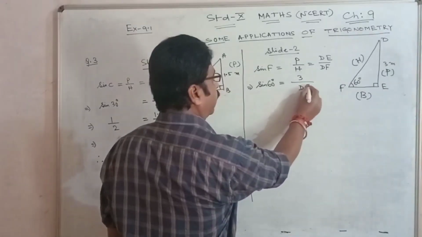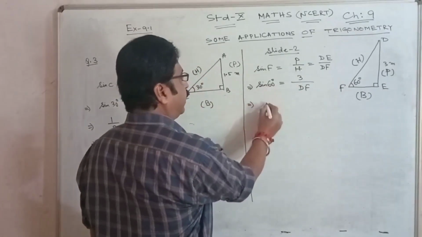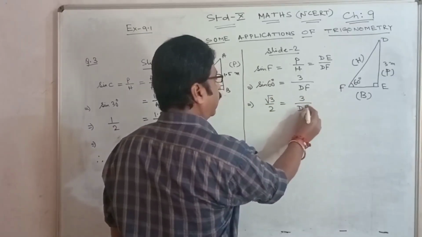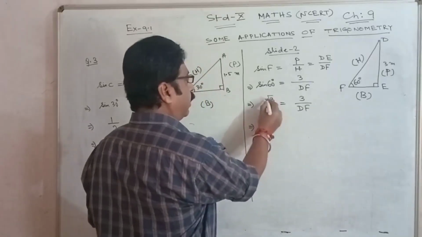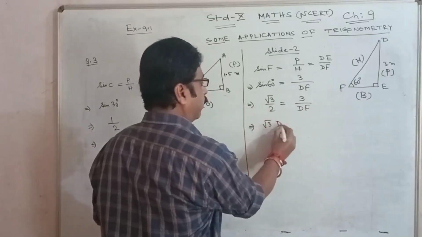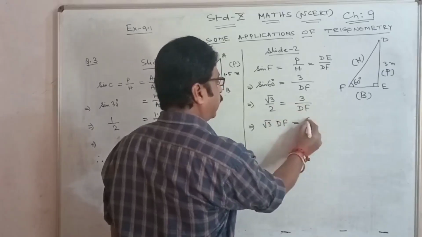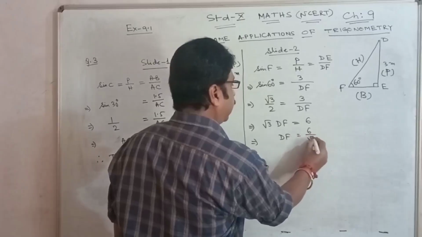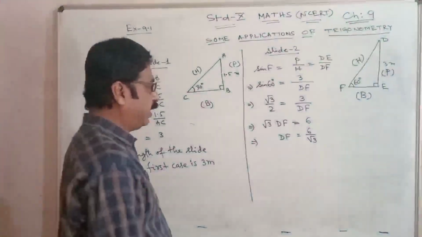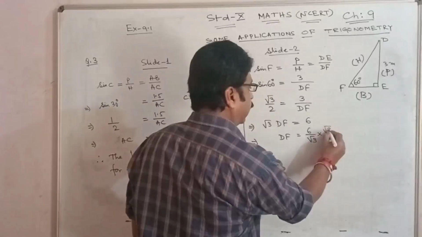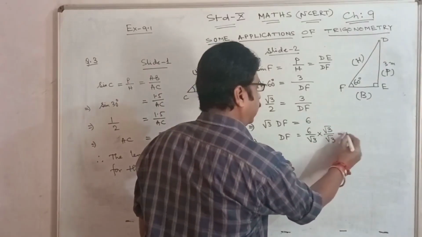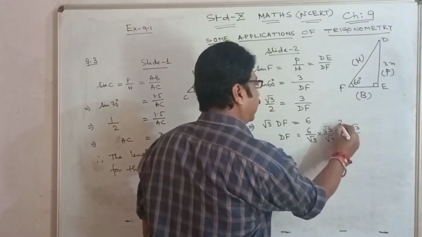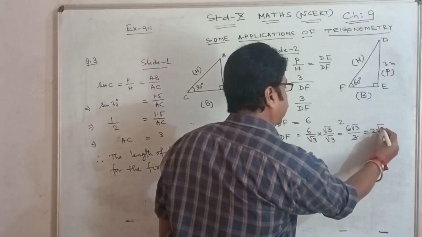DF is unknown. Sin 60 degree means root 3 upon 2. It will be 3 upon DF. Now root 3 into DF equals 3 into 2, which is 6. DF will be 6 upon root 3. We can rationalize. It will be 6 root 3 upon 3. 3 twos are 6. 2 root 3.